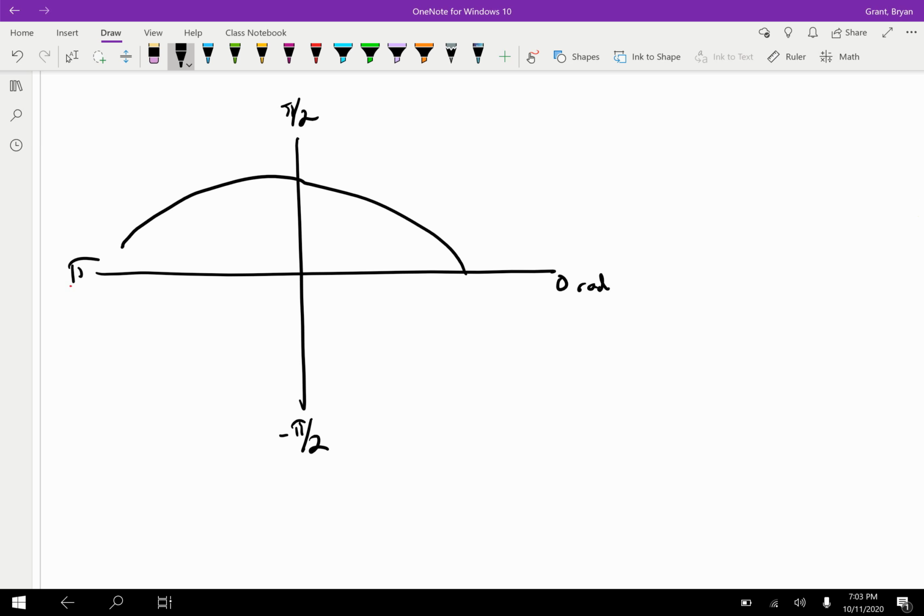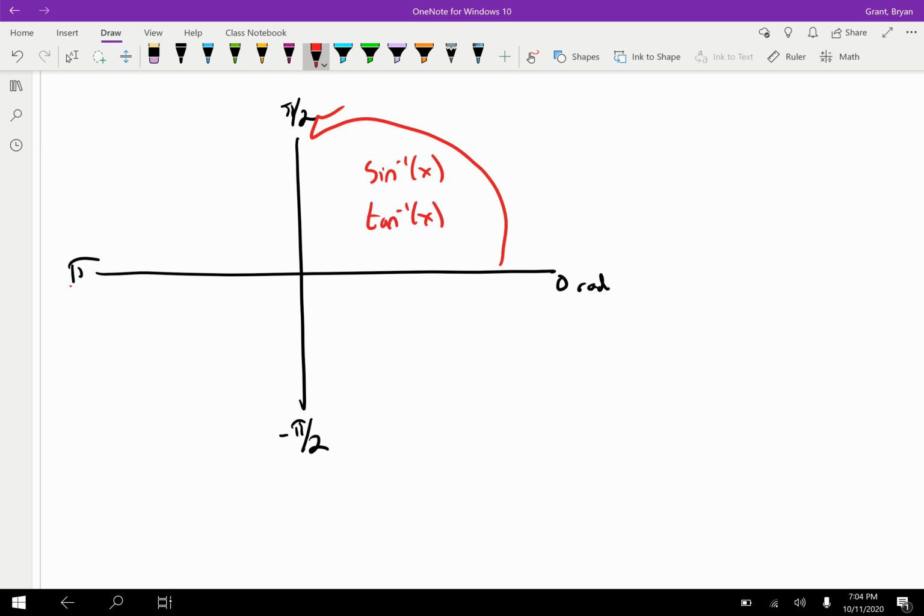Pi over 2, here's pi over here. That our inverse sine function and my inverse tangent functions can either go to pi over 2 or they can go all the way down to negative pi over 2.